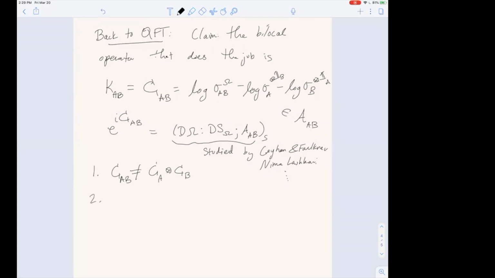Do you mean a plus sign in this formula? I think I mean a plus sign. Yep, thanks, sorry. I meant the unitary. The unitary that this thing generates does not factorize into a product of unitaries, one on each side. Yeah, thank you. Sorry.